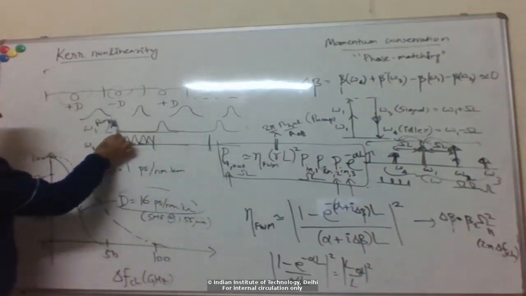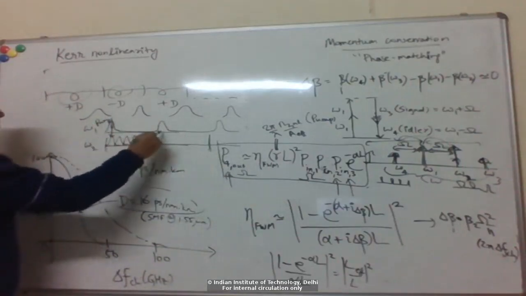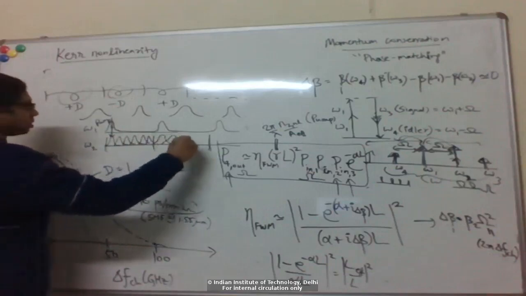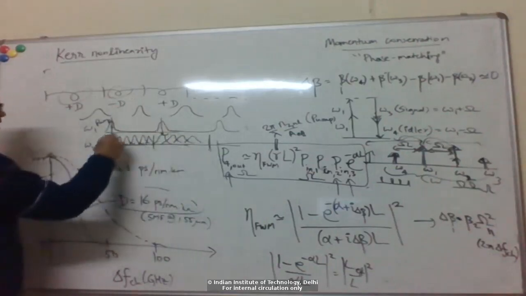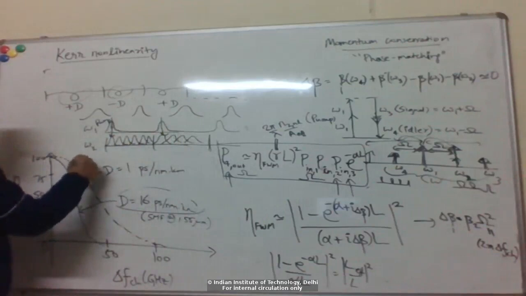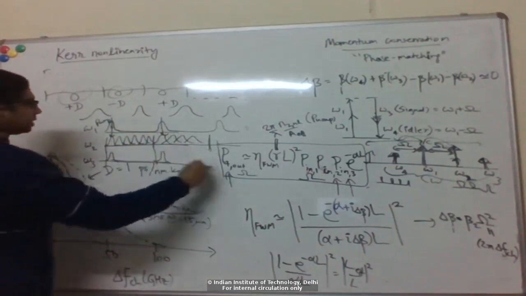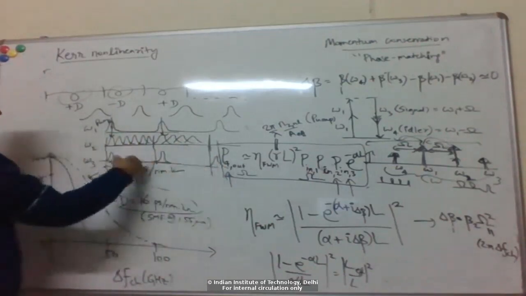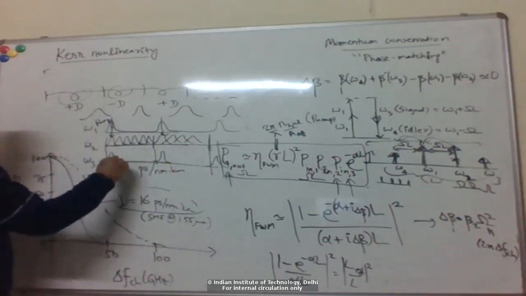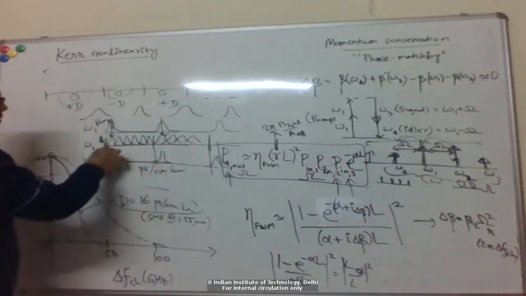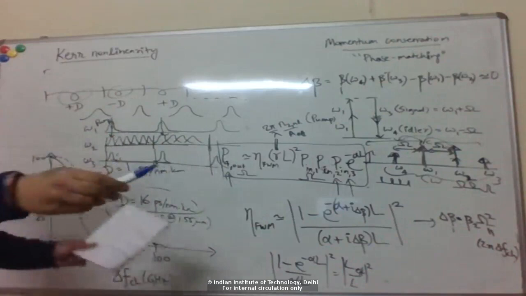Depending on the delay, you can line your pump pulse up with whatever time division channel you want. And then the idler which is generated will only appear when the pump pulse is present, so you can demultiplex. If you delay this now, you can pick up the second channel. You can pick up individual TDM channels from a TDM signal.